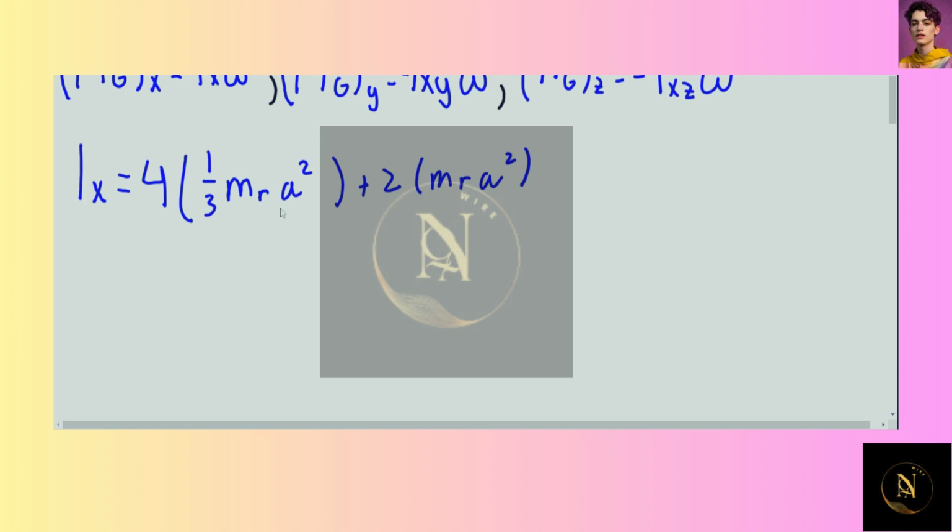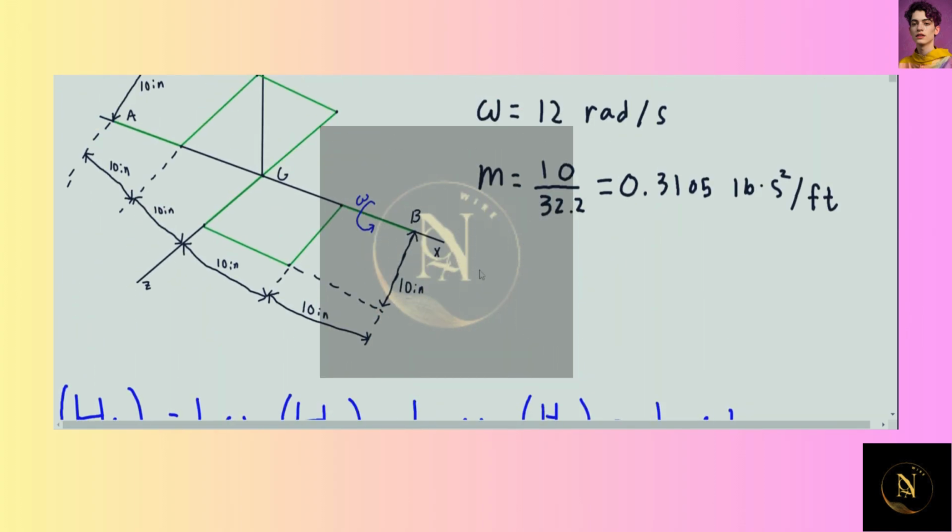To get this individual mass, mr, we just take the total mass of the system and divide it by 8, since there's 8 different rods on this system.